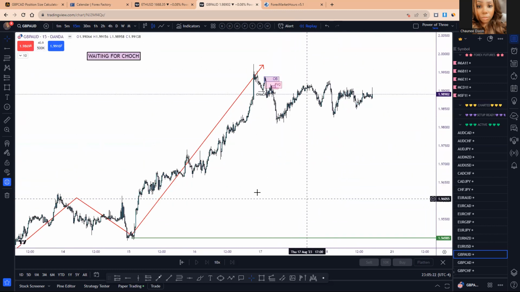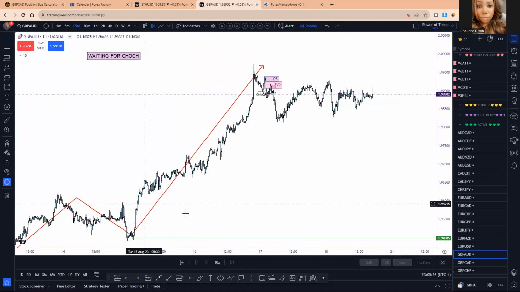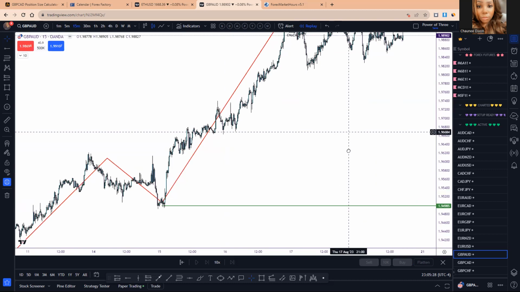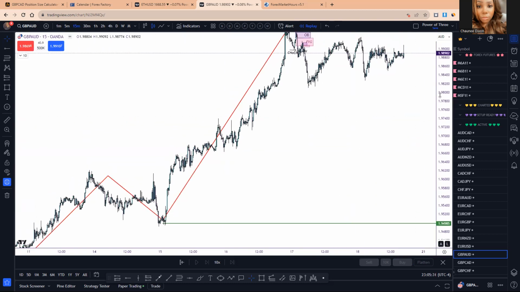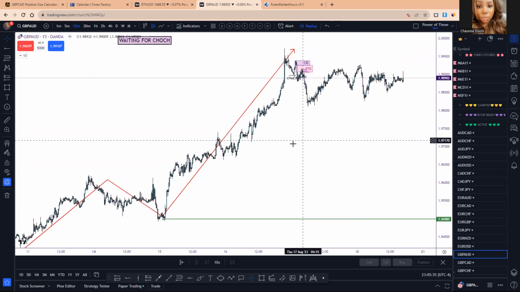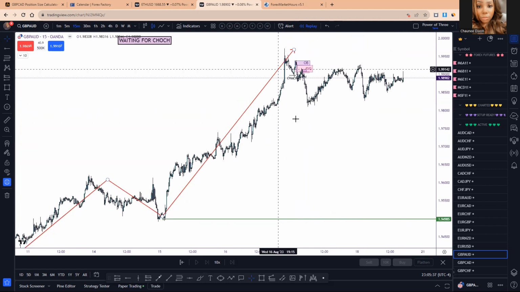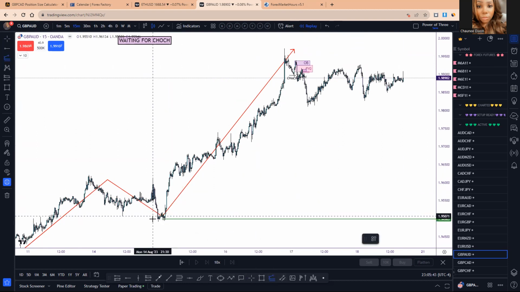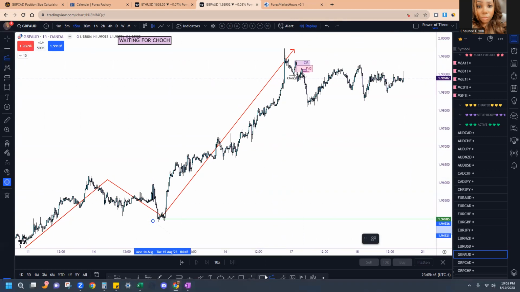It's trying to make its way down to the 50% level of the swing high. When we do retracements, and when I do a webinar on Fibonacci, y'all will understand, retracements aim for the 50% zone of your swing. Sometimes it will come down lower than that. So let me measure this out again.